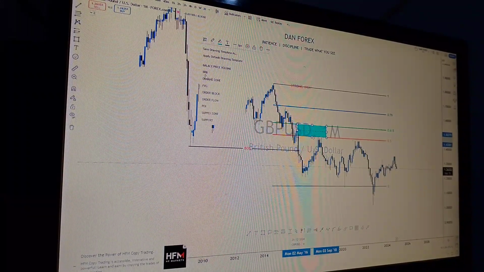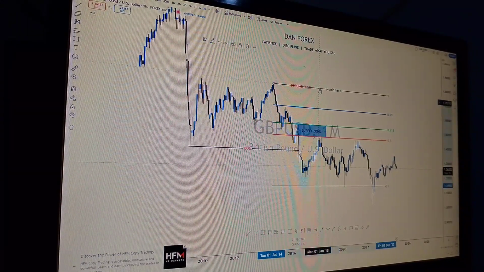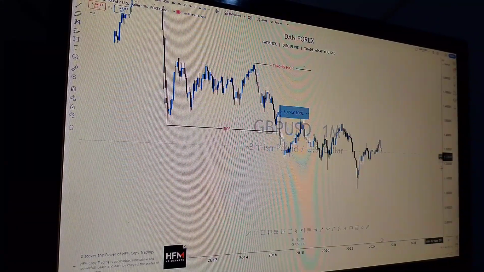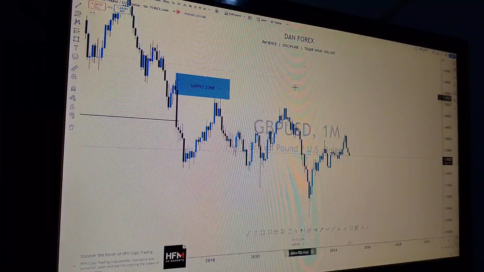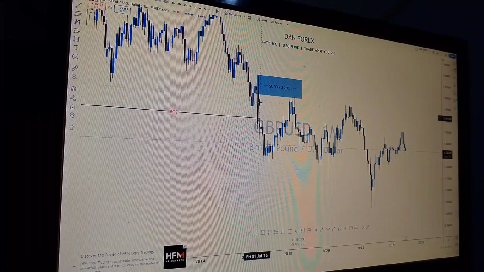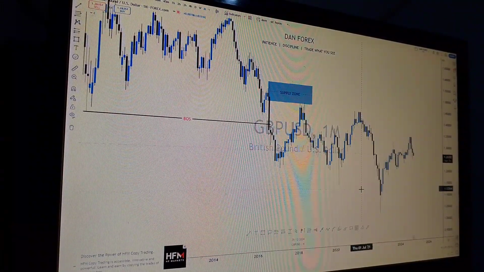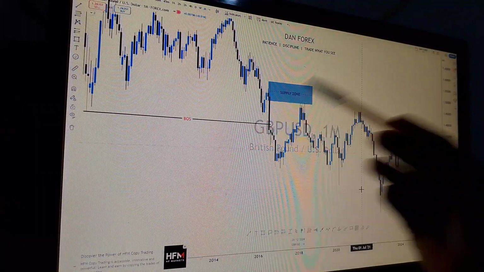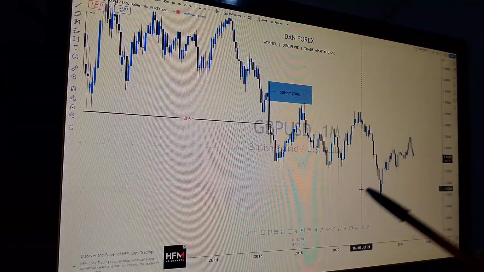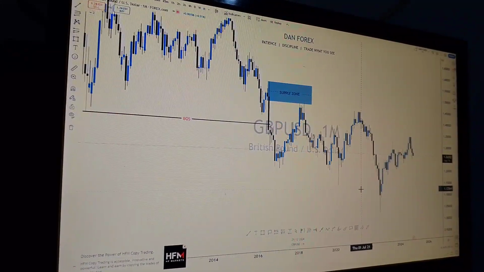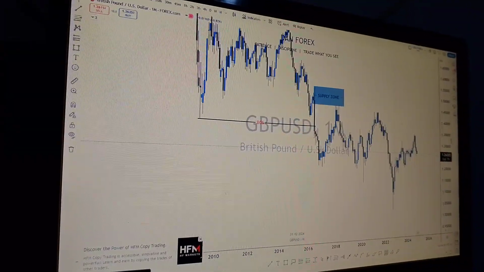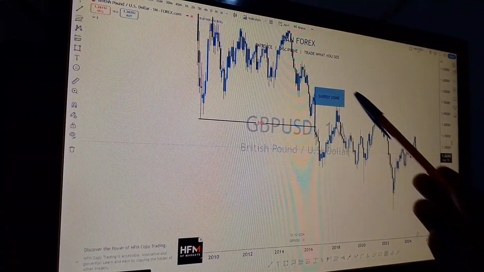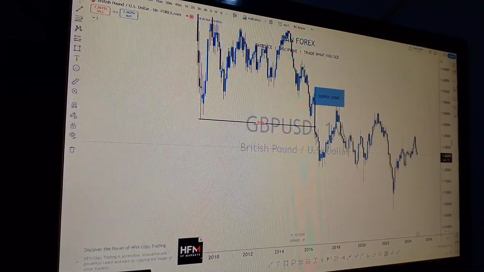So that becomes our supply zone. The market never went to the extreme level, right? The market reacted to the nearest supply zone, because in this supply zone, as you can see here, we have an imbalance. If we have that imbalance, that marks it as our valid supply zone, right?